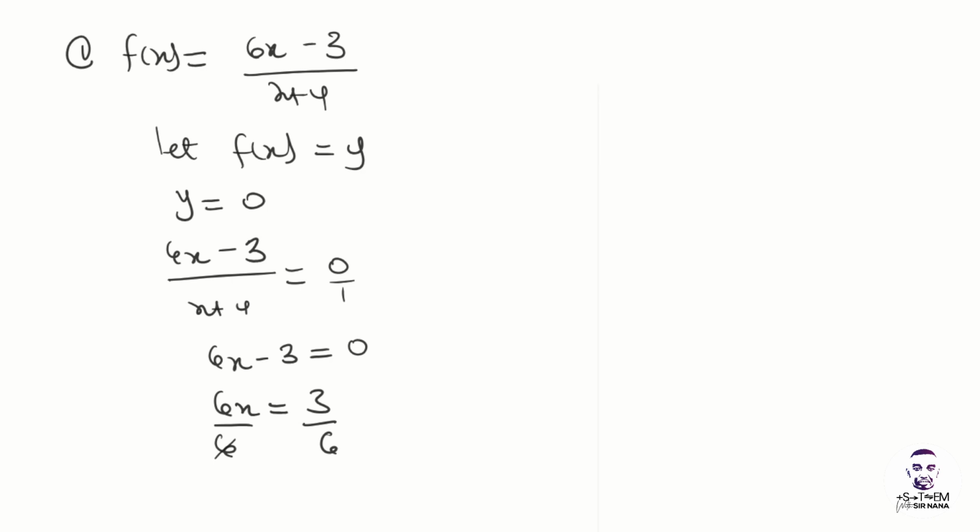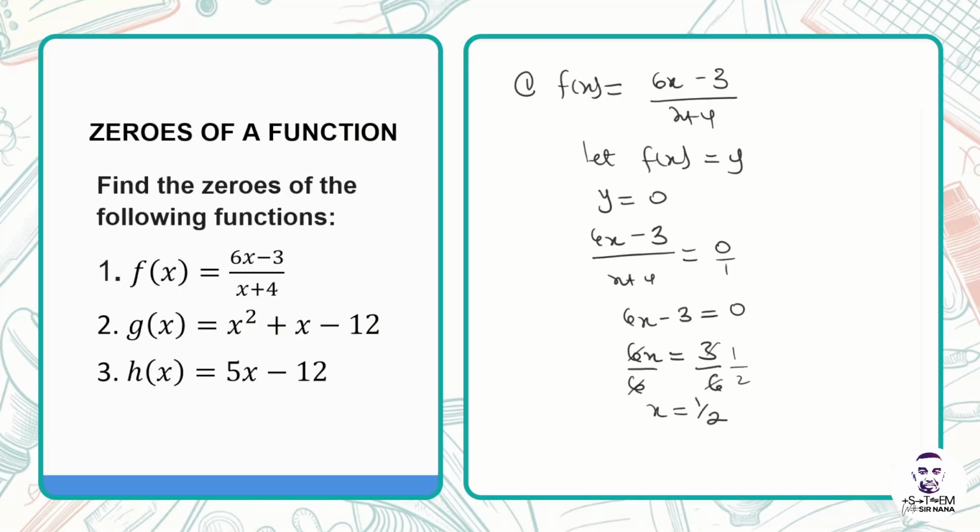So we can divide both sides by the coefficient of x, and then this goes here 1, this goes here 2. So we have x equal to 1 over 2. Therefore, we can conclude that the zero of the function is 1 over 2, or it is half, right?